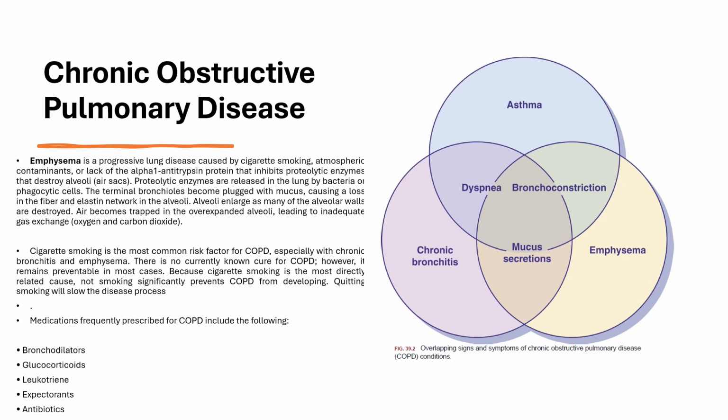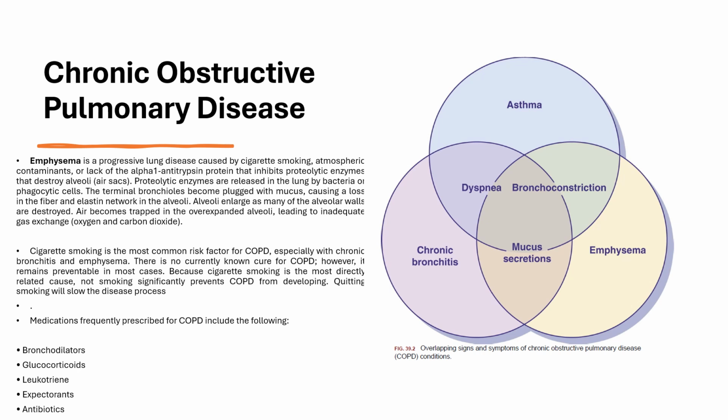Now you have your emphysema. Chronic inflammation reduces the flexibility of the walls of alveoli, resulting in overdistension of the alveolar walls. This causes air to be trapped in the lungs, impeding gas exchange.